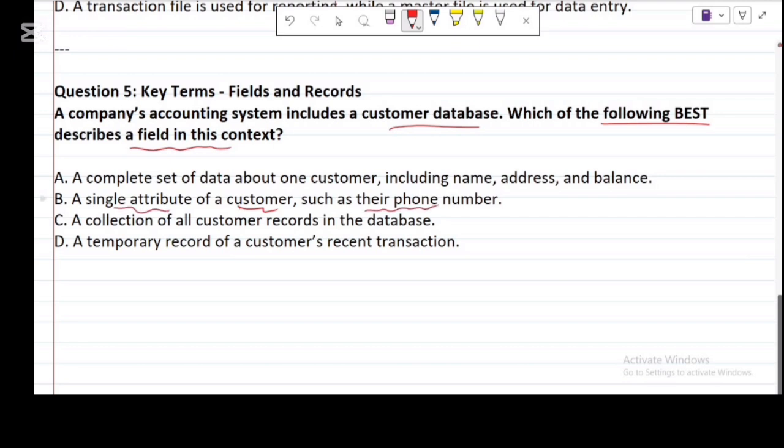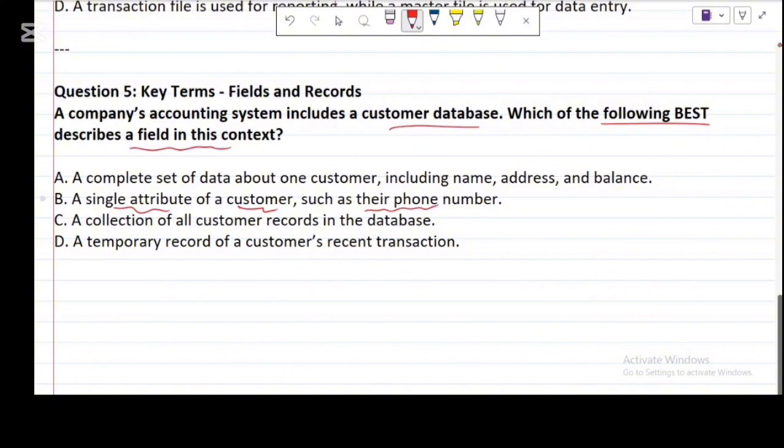We have discussed this in great detail, that in an accounting database, a field is a single attribute, or I think I have used the term, a piece of data about an entity, such as customer phone number, name, and account balance. And a record is a complete set of fields related to one entity, all data about one customer. So option A is incorrect, and the reason is I have told you that all data about one customer is called a record.